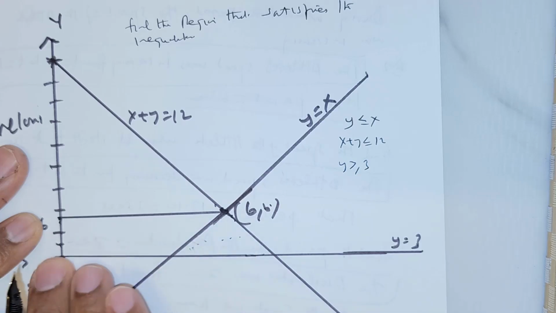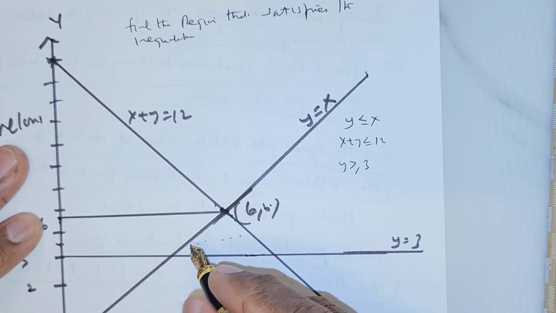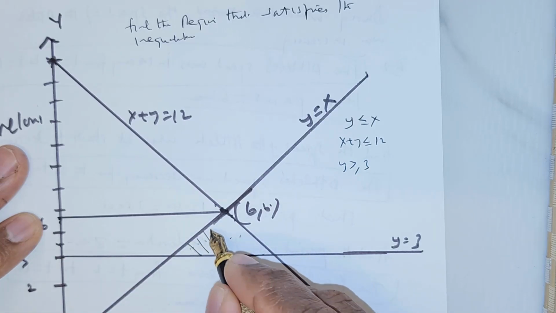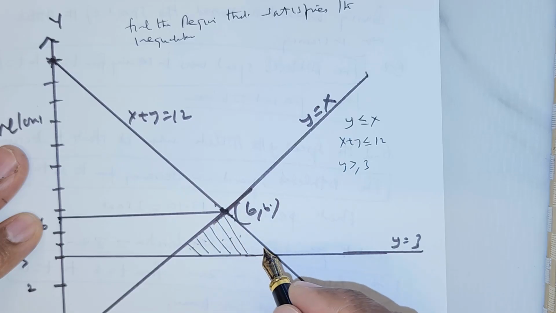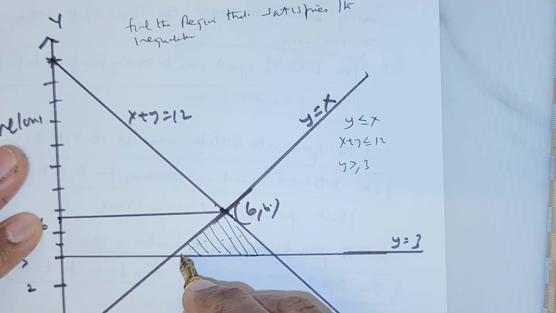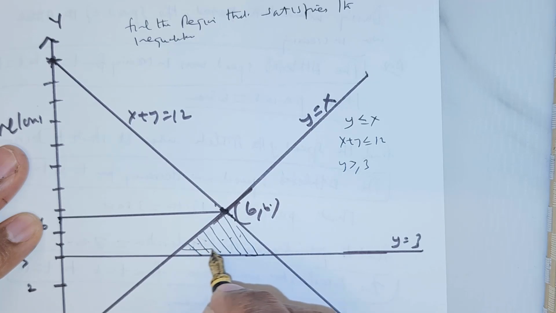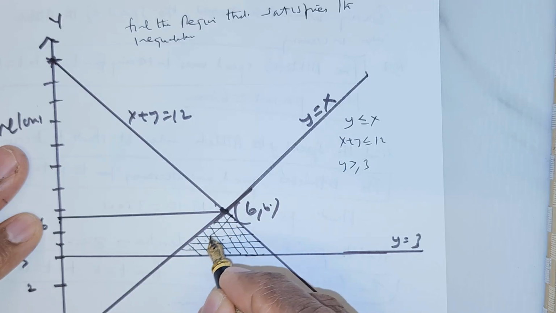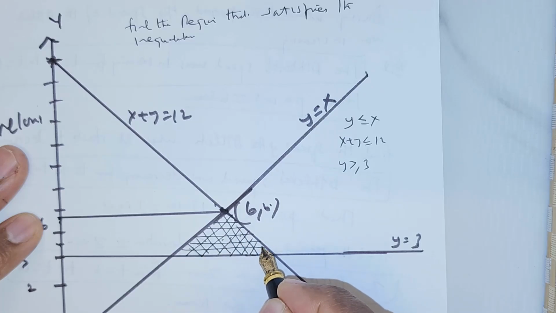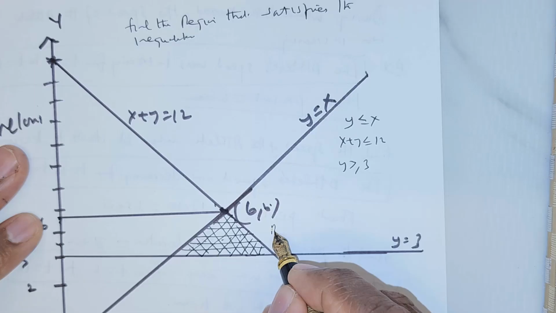Y is greater than equal to 3 is this region. So if I were to start shading this for the first one, shading this for the second one, and then for the third one. So this is the required region.